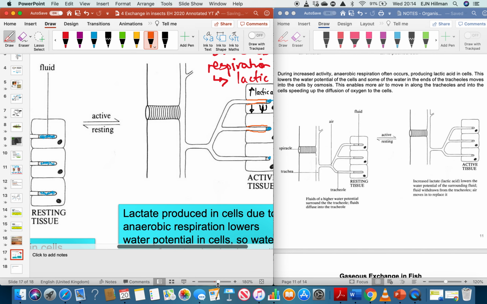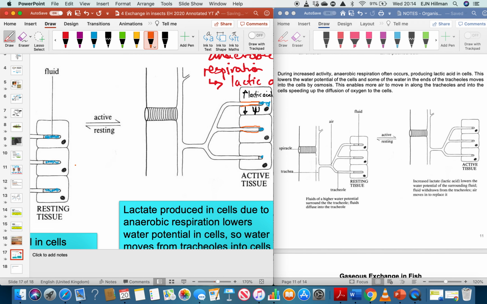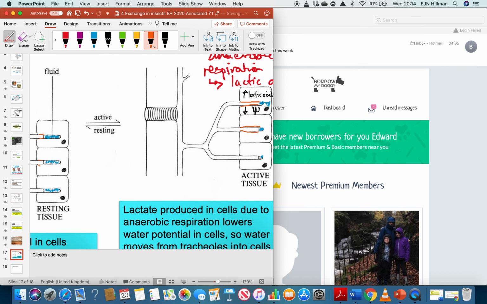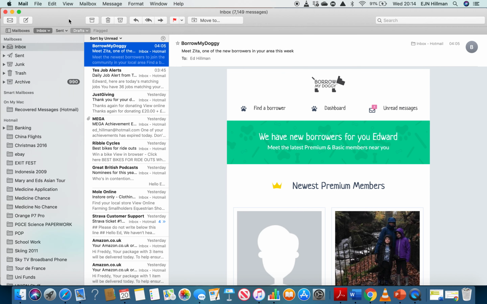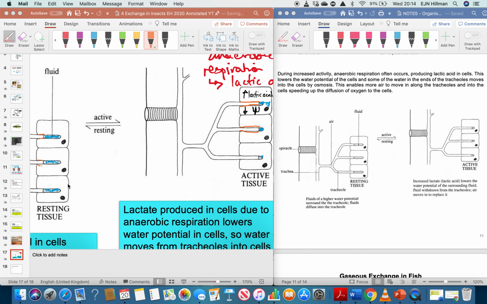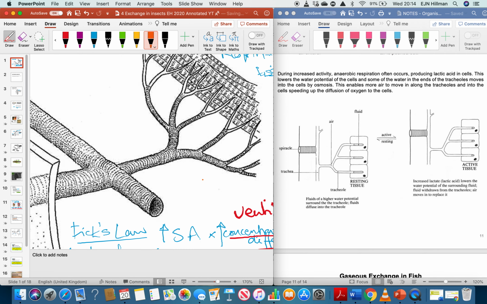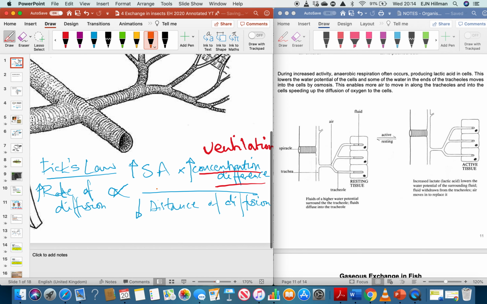Okay, if we compare the tracheoles of the resting tissue, we can see they've got this surface area here. If we compare that to the active tissue, much greater surface area. So we've got a larger surface area for diffusion. If we go all the way back to the start, you'll remember Fick's law.